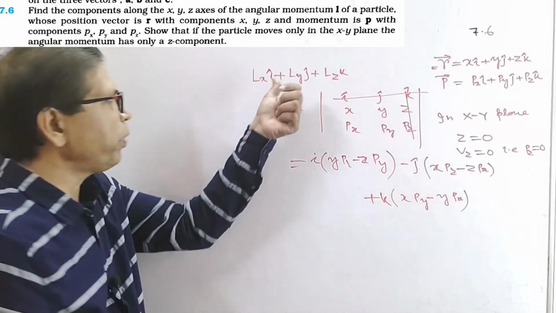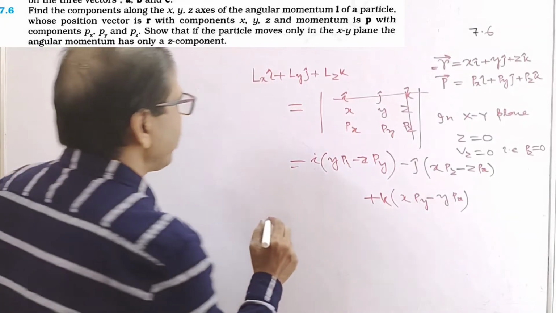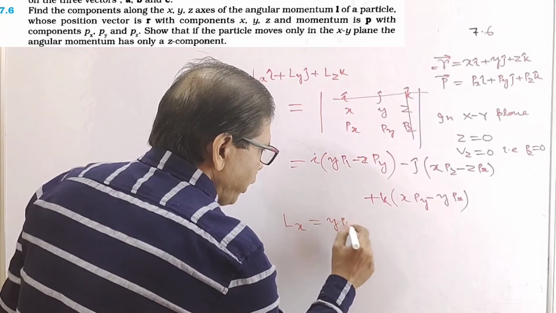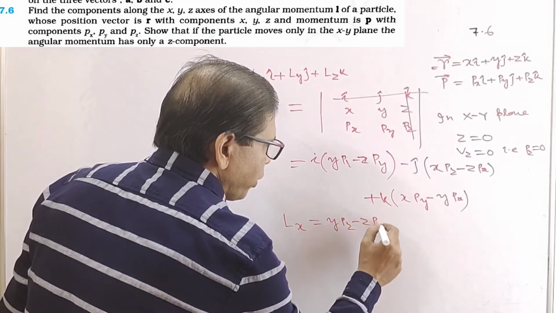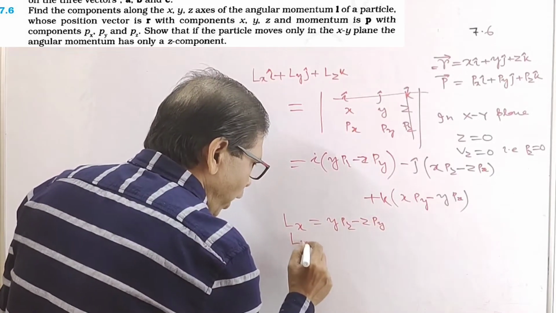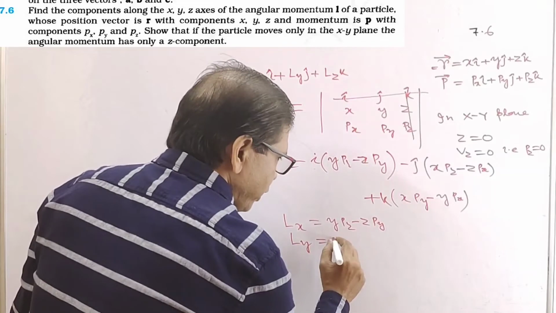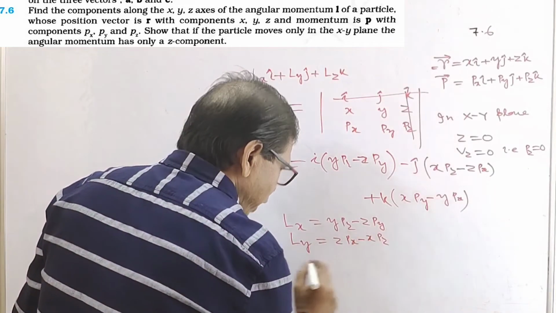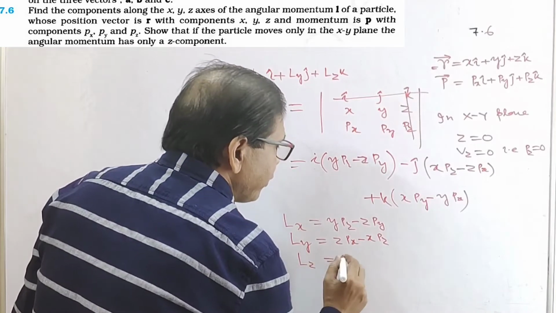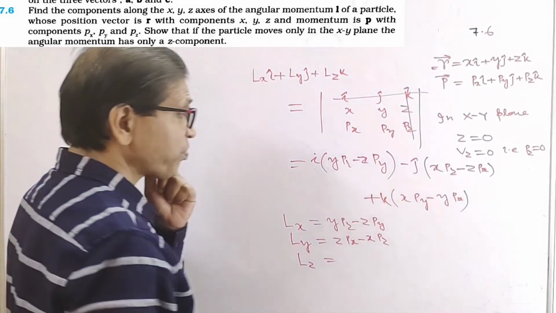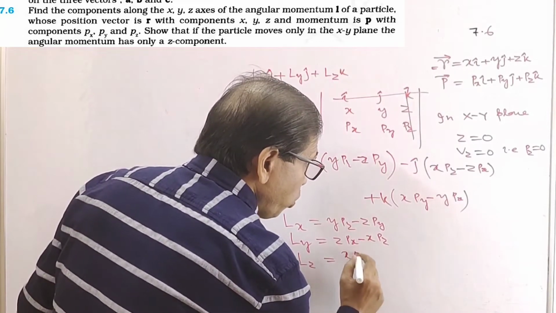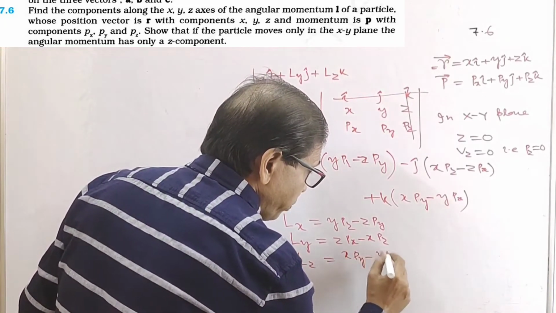Now comparing these, we get Lx equals ypz minus zpy. Now Ly equals zpx minus xpz, and Lz equals xpy minus ypx.